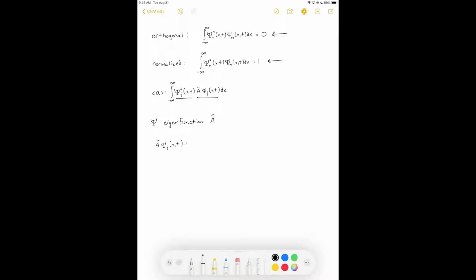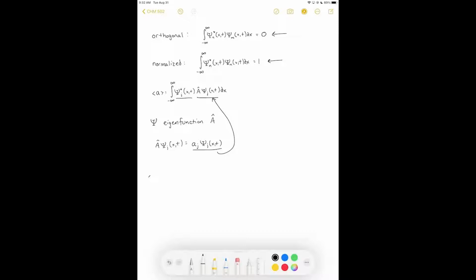So what we'll always return is some constant, and we'll call that constant a sub j, because the jth constant is associated with our jth function here. And we're always going to return that function multiplied by this constant. This is what will happen if our function is an eigenfunction of our operator A. So then we're going to take this and substitute it up here in the equation.